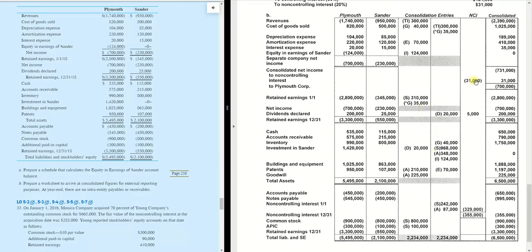Okay, so don't forget, how I do this non-controlling interest column is I basically add this 242 and the 87 to get the 329. So it's coming over here. I book my 31,000 and my 5,000 from entries 3 and 4.